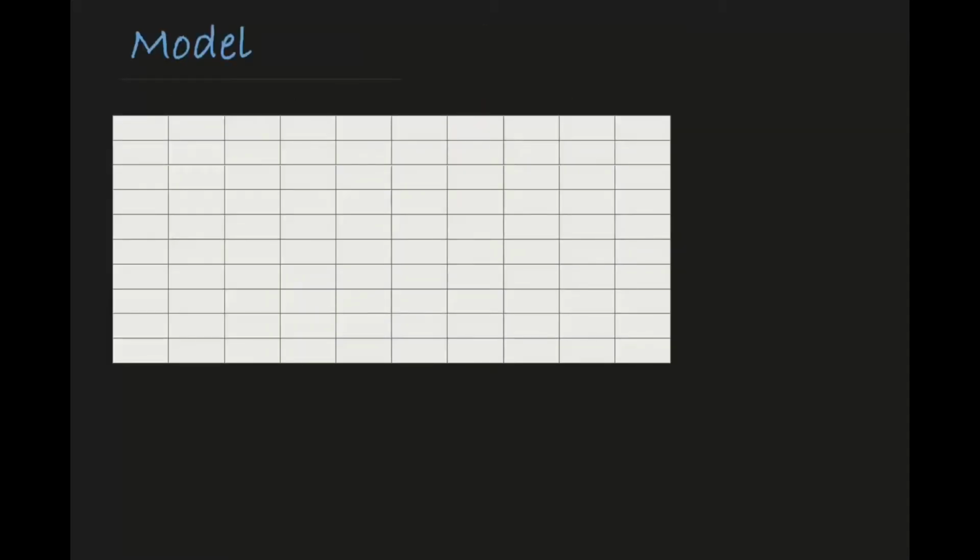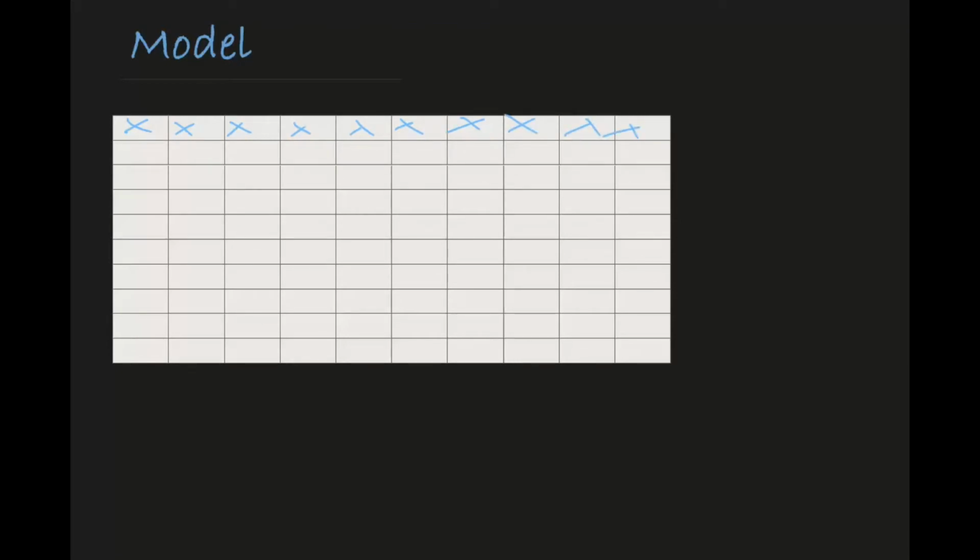So our model today is going to look something like this. It's going to be a 10 by 10 chart, or a grid, whatever you want to call it. So that means that you need to have 10 here: 1, 2, 3, 4, 5, 6, 7, 8, 9, and 10.